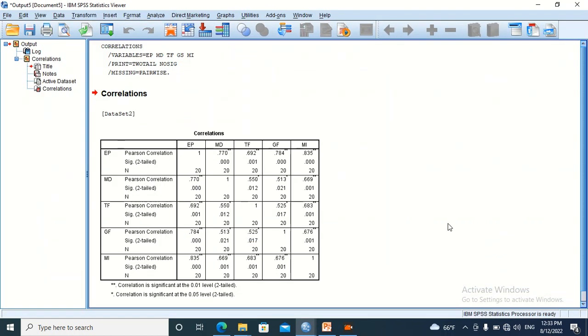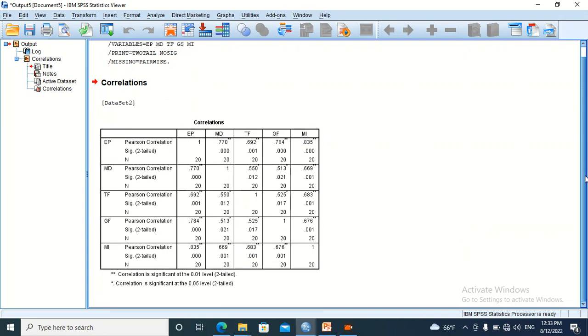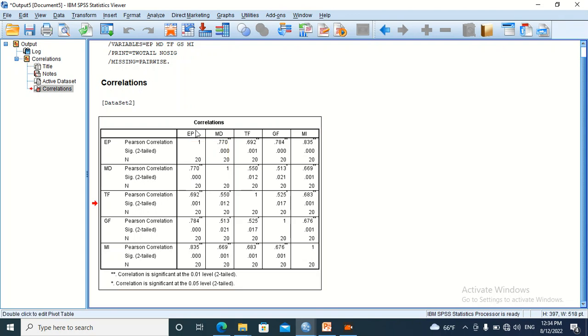Okay, these are the outputs. This is the correlations table. This one is the dependent variable, and these are four independent variables and one dependent variable. How are they correlated?